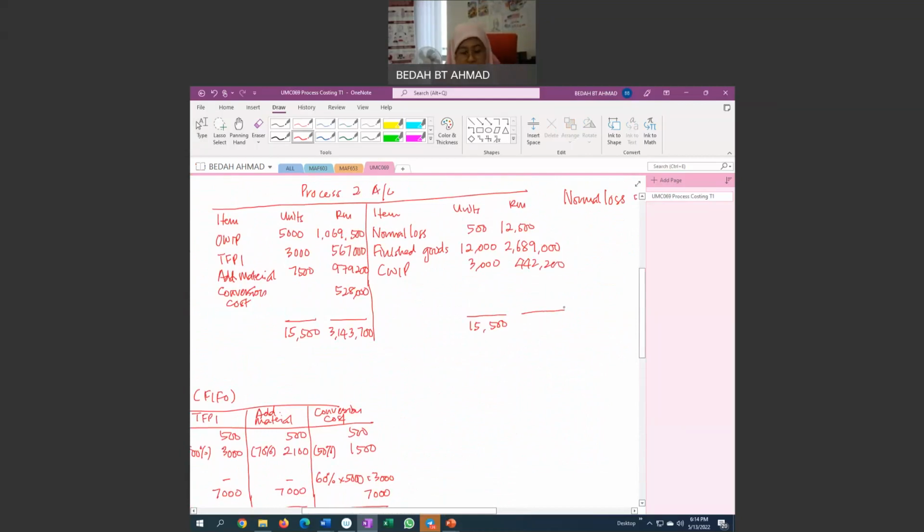When you add up, it must automatically balance with the debit side, which is 3,143,700.